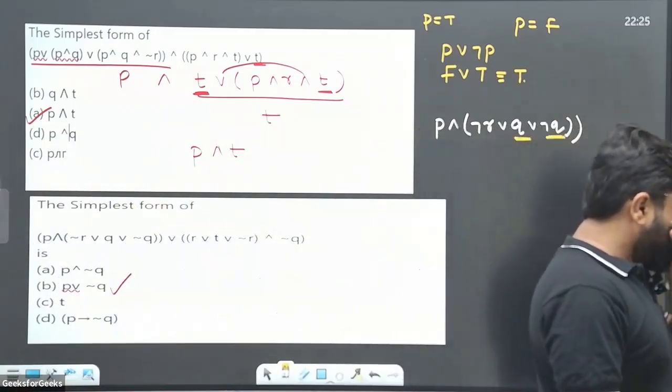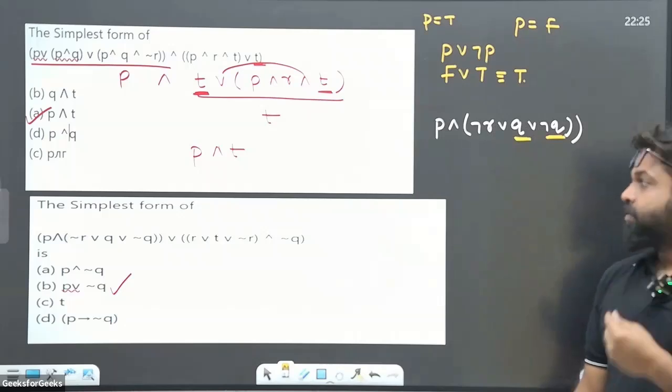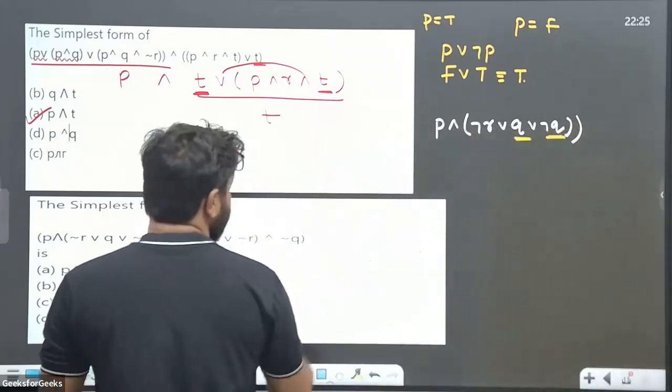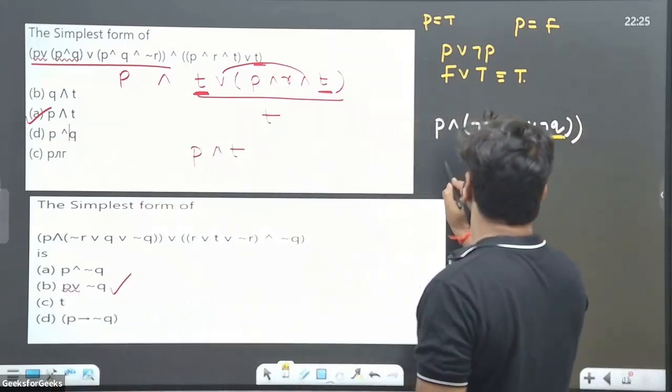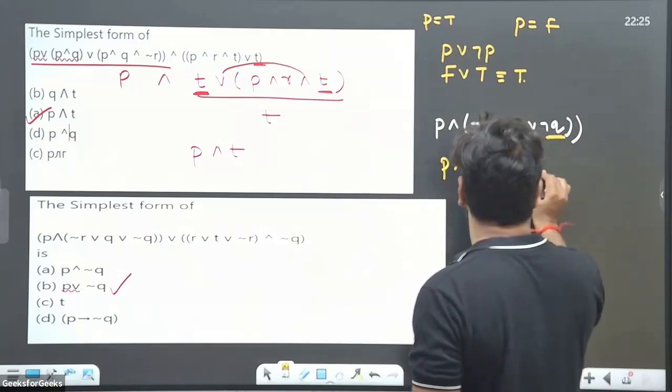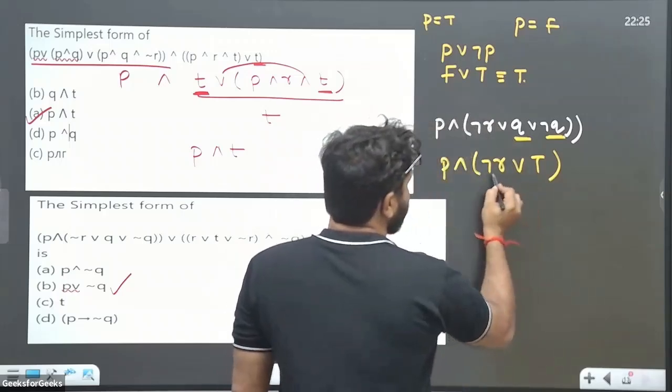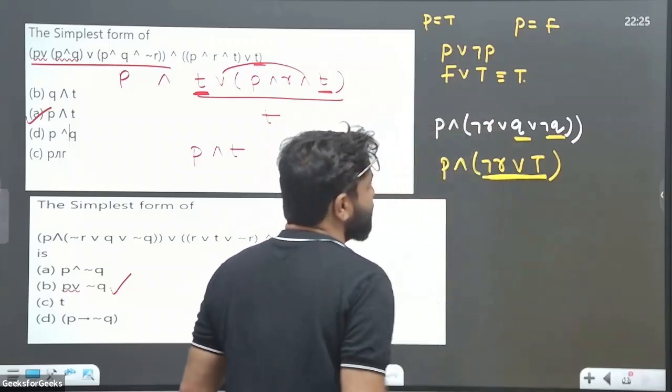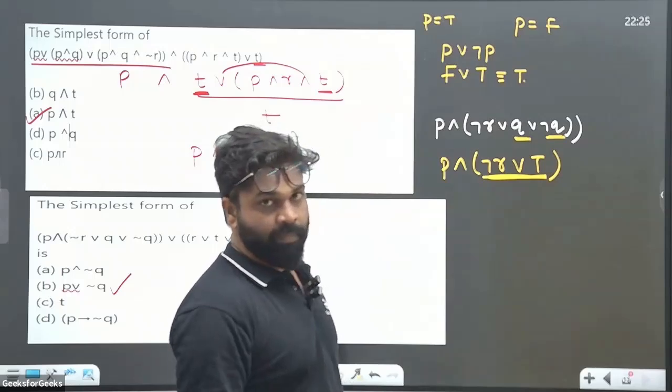Am I right? Yes, sir. So here this whole expression Q or negation of Q will become true, so P and negation of R, or true. What is the answer of this? True.